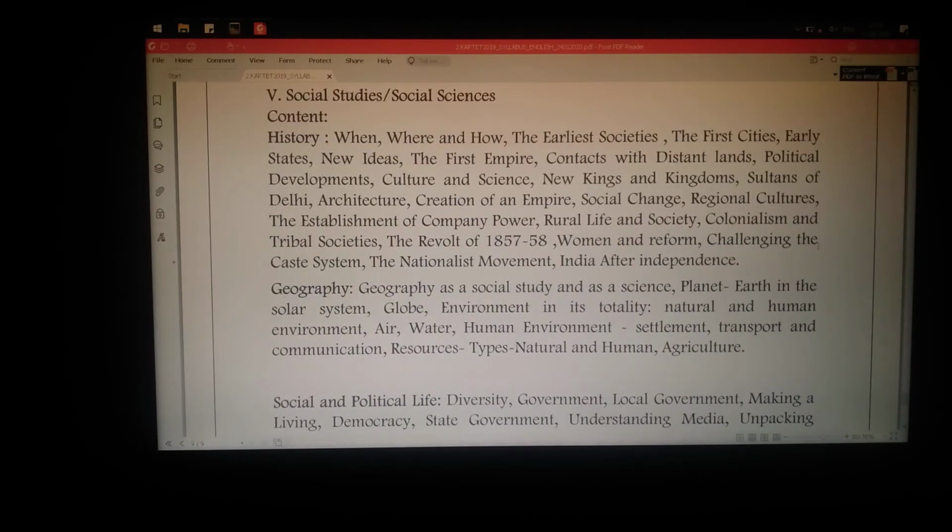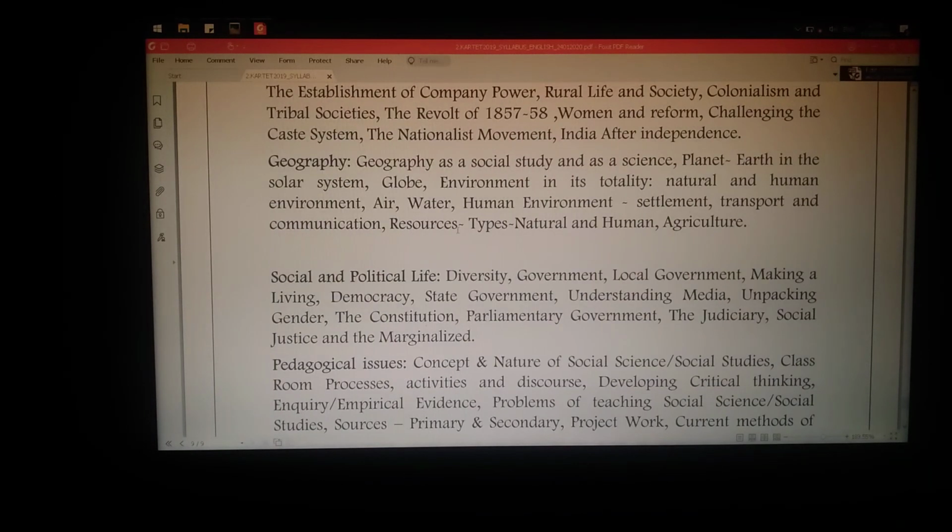Next is for social science students. You have history: about the first cities, early states, first empire, contact. You have to refer to the 8th, 9th, 10th textbooks. Next is geography, about longitudes, latitudes, globe, environment, equator, human environment, air, water, human settlement, transport and communication resources; you have to study.